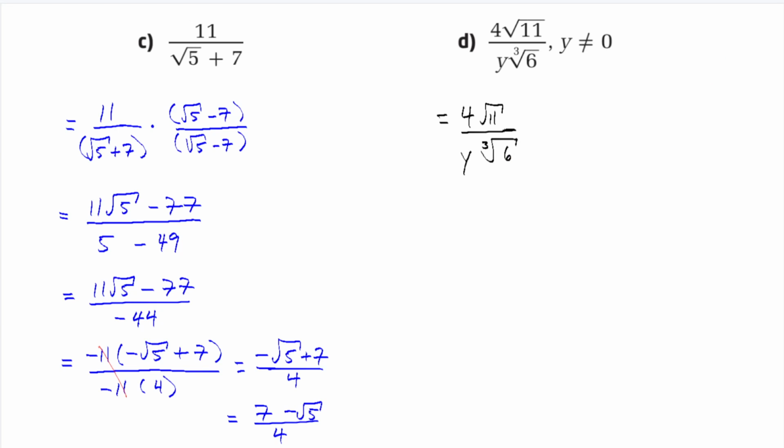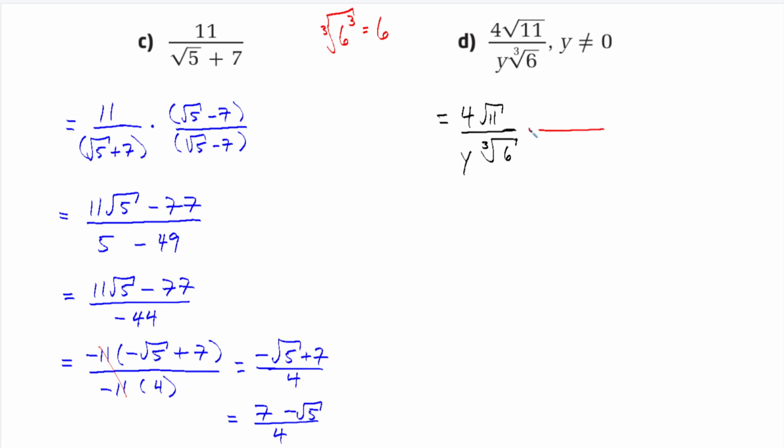So remember, when it comes to our roots, if I have 6 cubed and I cube root 6 cubed, that just gives me 6. So the cube root of 6 cubed is 6. So I've got to multiply top and bottom by something that's going to turn this into the cube root of 6 cubed. And that turns out to be the cube root of 6 squared, or the cube root of 6 times itself.